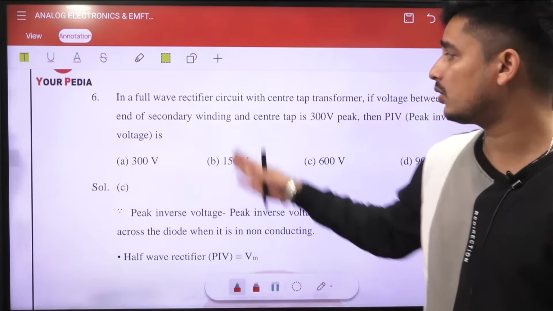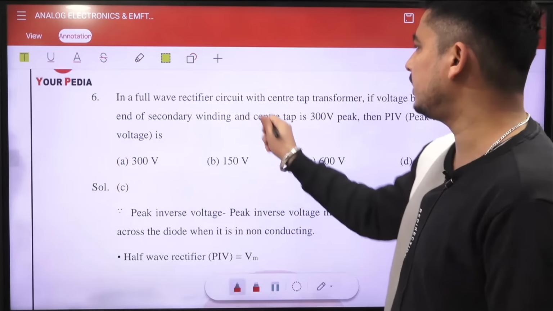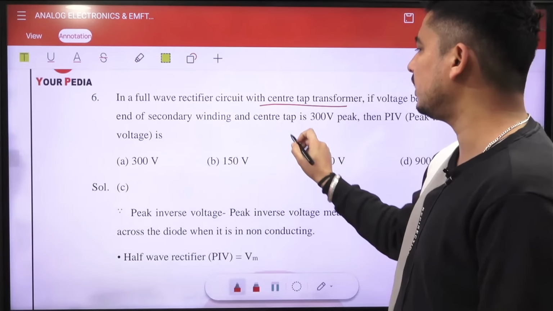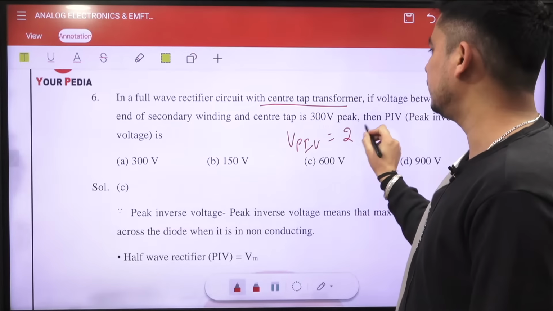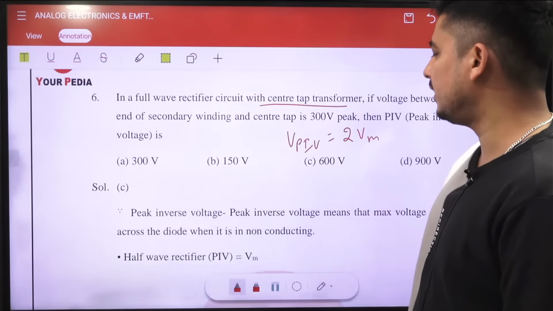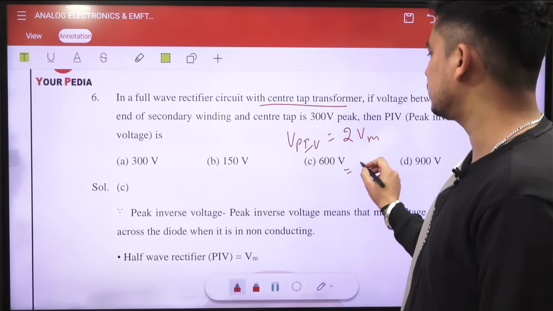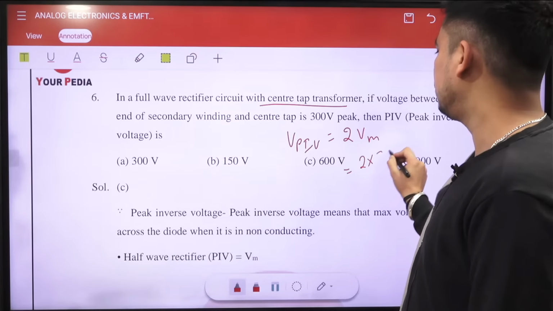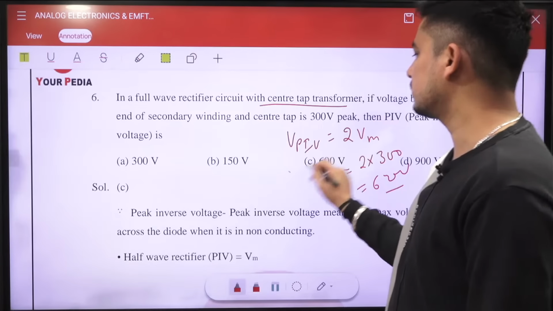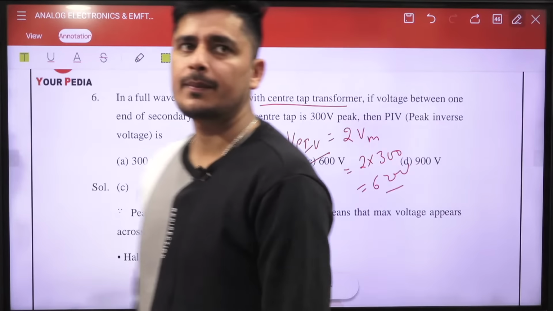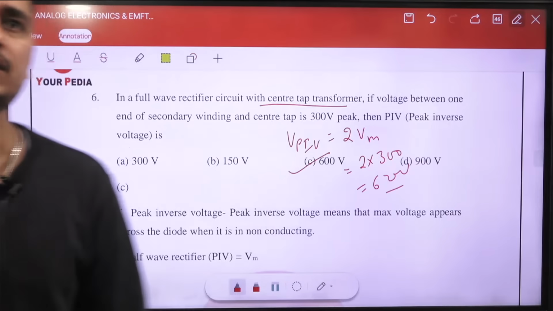That is the drawback of this full wave rectifier circuit with center tap transformer: its peak inverse voltage is twice Vm, the applied peak voltage. So the answer is 2 times 300, that means 600 volt is the peak inverse voltage, right?